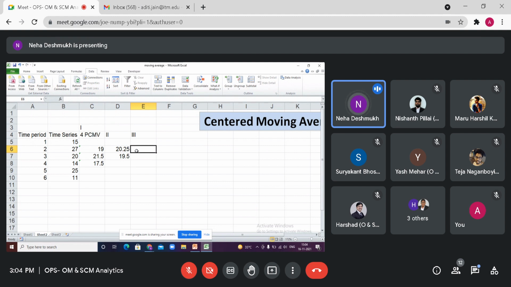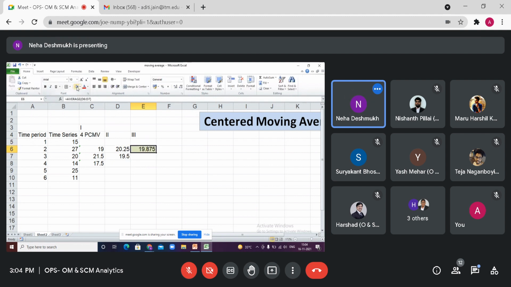What exactly is the centered moving average? Just calculate the average of these two values. So your centered moving average will be this one, 19.87, right?